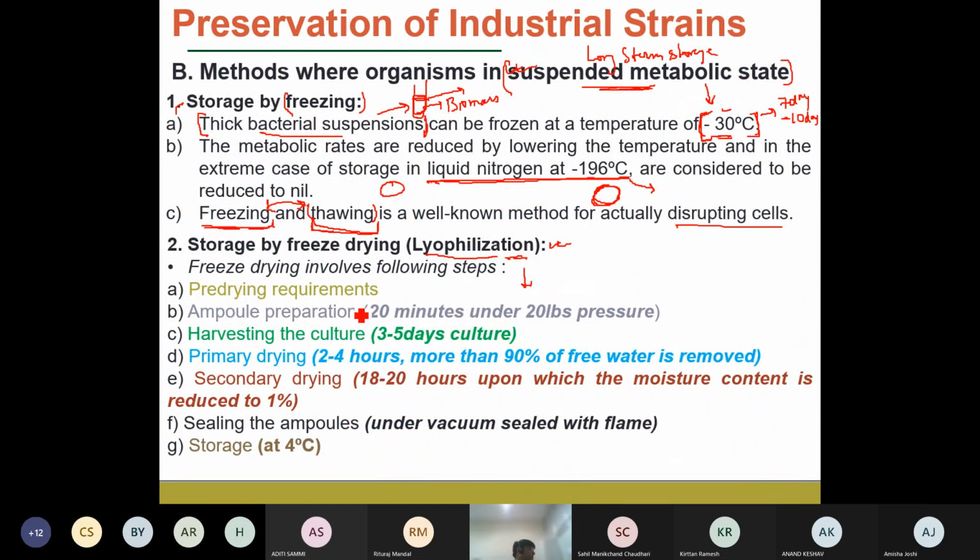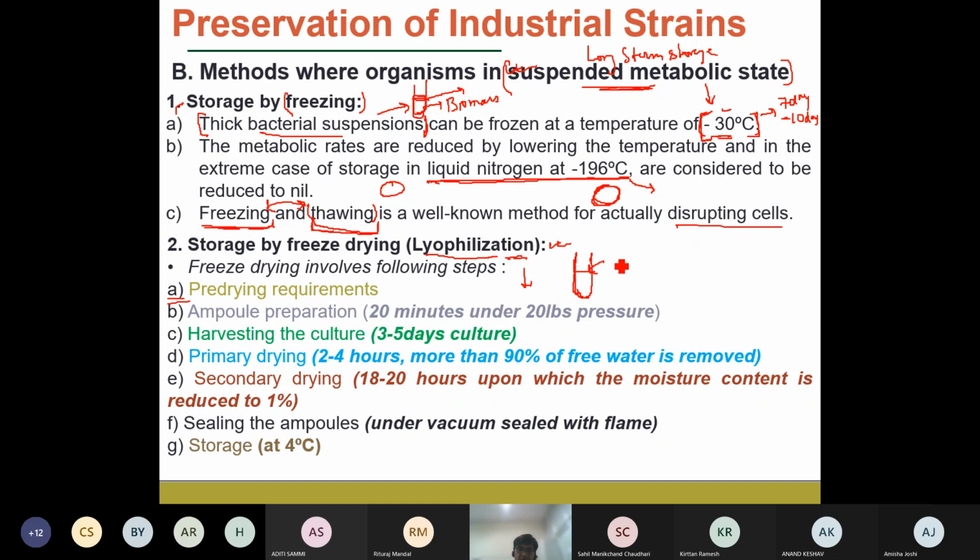If you look at the steps involved, the first step is the pre-drying requirements. In the pre-drying requirements, you need to have a thick, concentrated solution of your cells, and in that you add your additives, like the glycerol we have talked about or any other additives.